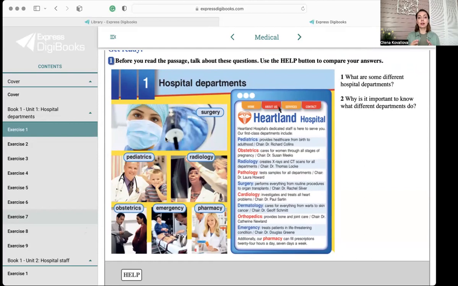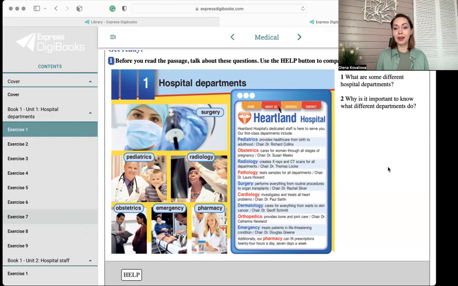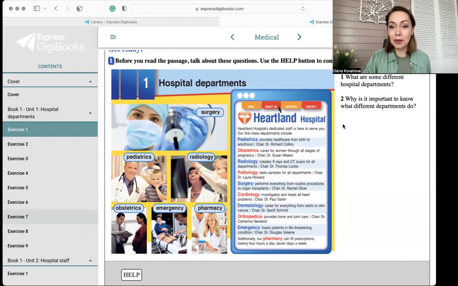So if it is department, we know that surgery, yes, that the place where people, like surgeons especially, do some surgeries or operations. I'll make my video a little bigger to zoom in because you will see me maybe better. And the next, that's pediatrics, sorry, pediatrics. And the people that work there, they are pediatricians, right?